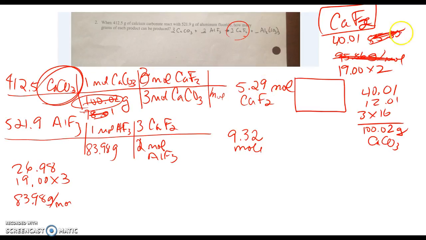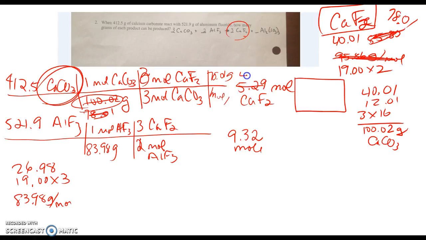But CaF2, that's the one I changed to 78.01, right? So for 1 mole of this, I have 78.01 grams. I'm sorry for the messiness. Let's try this again. 412.5 divided by 100.02 times 3 divided by 3.